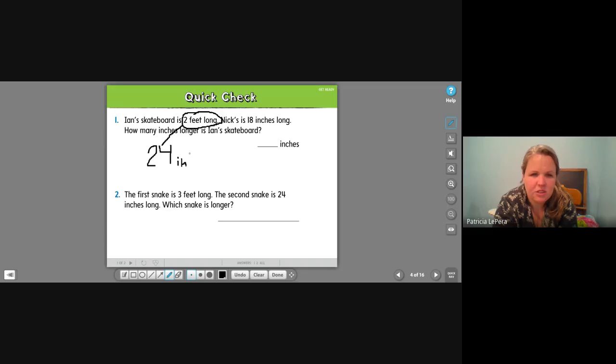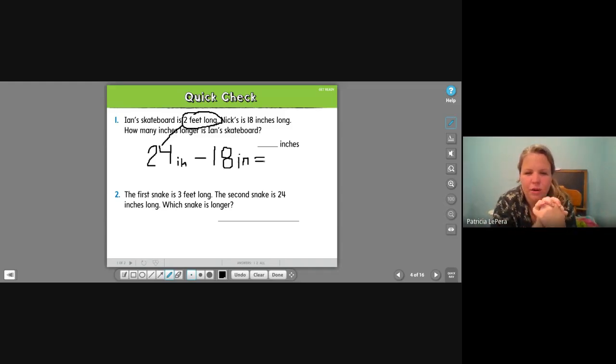So how many inches longer? Meaning that's going to be a subtraction sentence. I want to find the difference between Ian and Nick. So 24 minus 18, and once we solve this, we'll have our answer.